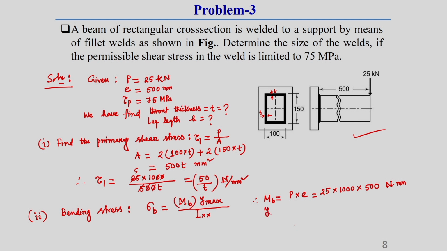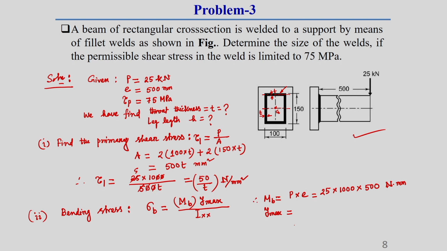Now, what is Y max here? This is the main step of this weld. Here we should consider the farthest weld's perpendicular distance from the axis. This is the CG of the weld group, which we can easily find out since it is a rectangular cross section.